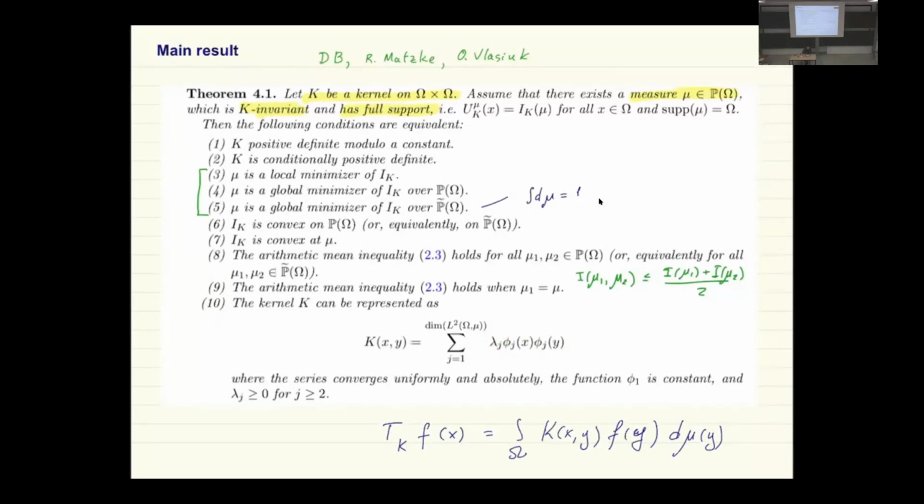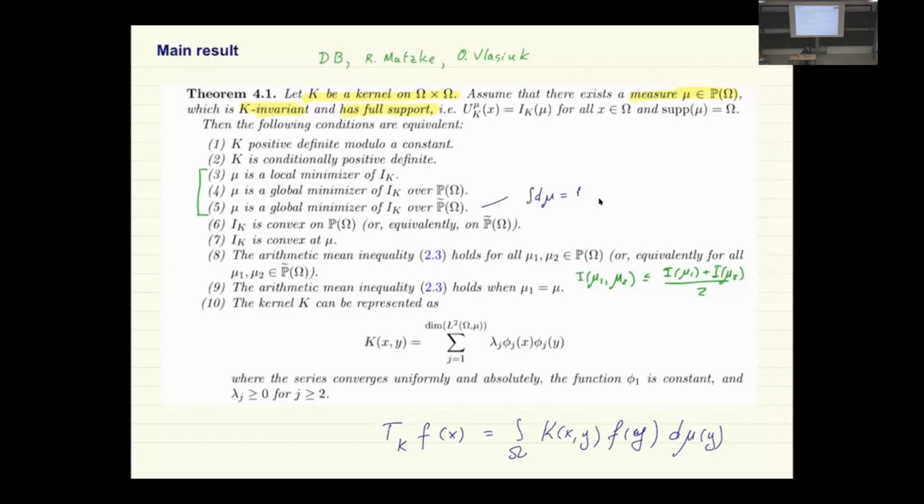Well, maybe at least starting from j equal to 2, maybe except for the first one, because here we're only assuming that it's positive definite modulo constant. So the initial eigenvalue corresponding to the constant function could be negative. And also we know that this series converges uniformly and absolutely from Mercer's theorem, which is very nice.